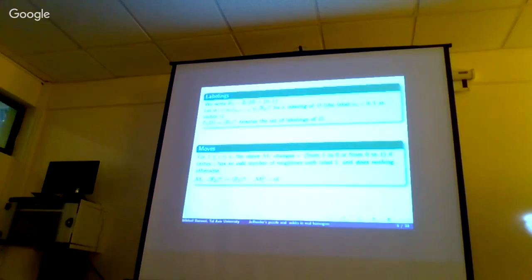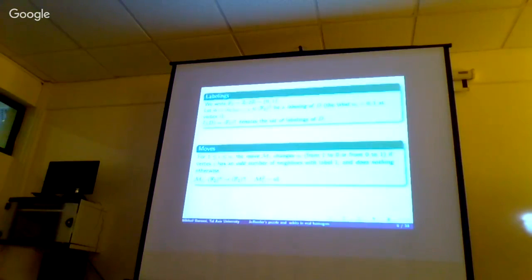It changes the label from 1 to 0 or from 0 to 1 if the vertex has an odd number of neighbors with label 1, and does nothing otherwise, if it has an even number of neighbors with label 1. So if you have 3 ones, you don't do anything to the one in the middle.